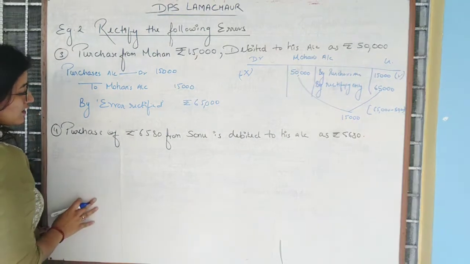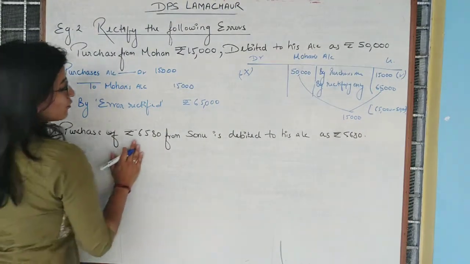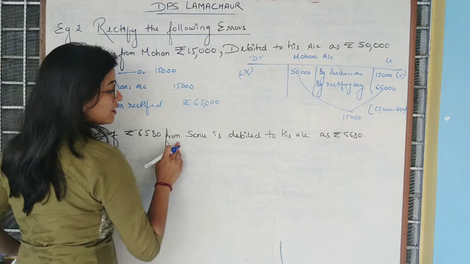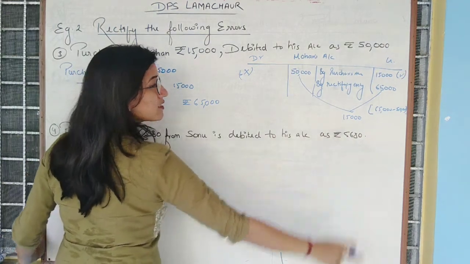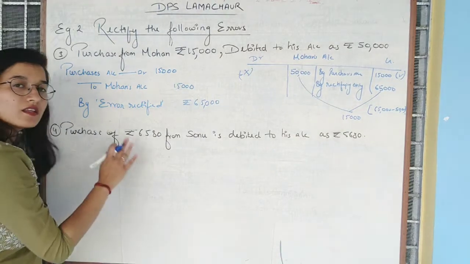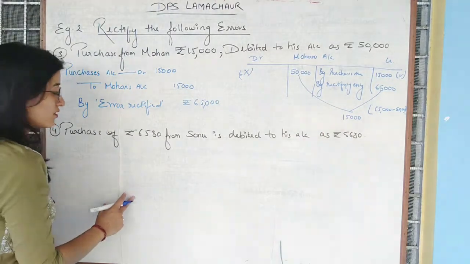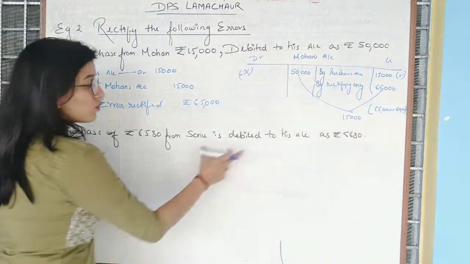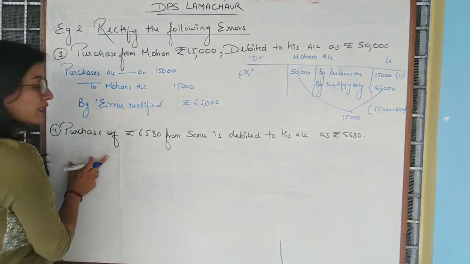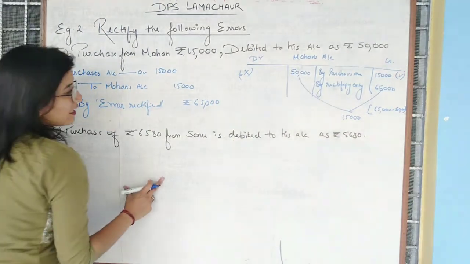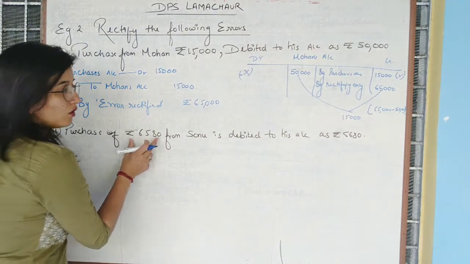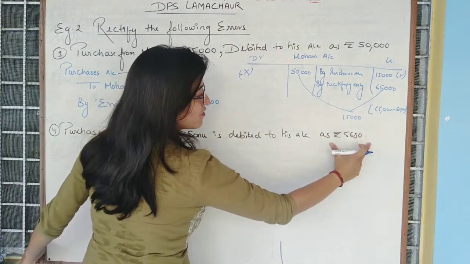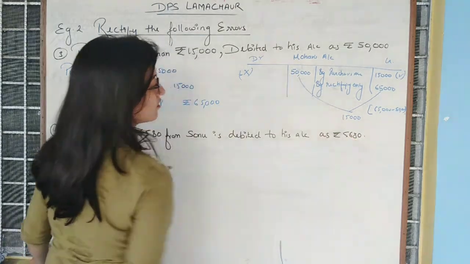Now the next transaction is purchase of rupees 6,580 from Sonu is debited to his account as 5680. So here in this transaction also there are two errors. First is Sonu's account is debited instead of debiting purchases account, and second error is instead of posting rupees 6580, the amount has been posted as rupees 5680.